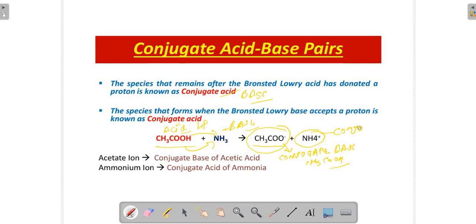So during the reaction between a Bronsted-Lowry acid and a Bronsted-Lowry base, a conjugate acid and base are formed and these pairs are known as conjugate acid base pairs. So the acetate ion is the conjugate base of acetic acid and the ammonium ion is the conjugate acid of ammonia. Now move to the next slide.